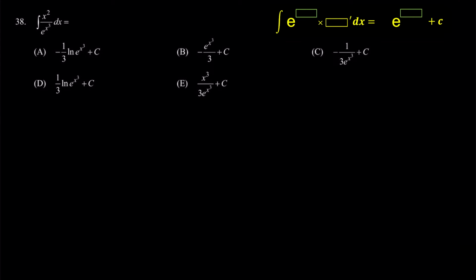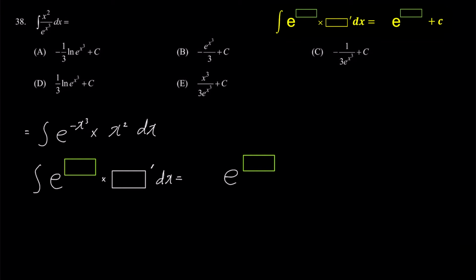Now let's try using the box rule in exponential functions. If you see an exponential function in the problem, try applying this box rule first. Representing the fraction in this way makes it easy to identify which is the box and which is the box prime. The green box is negative x cubed, and its derivative, negative 3x squared, goes into the box prime.